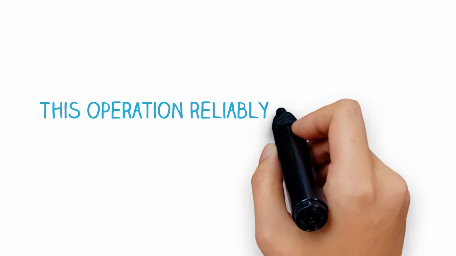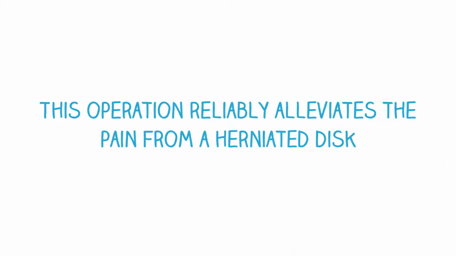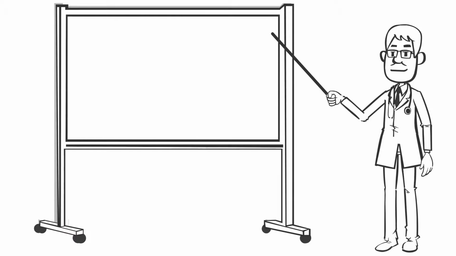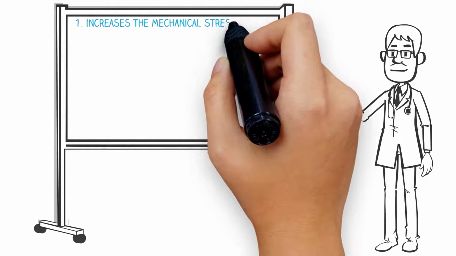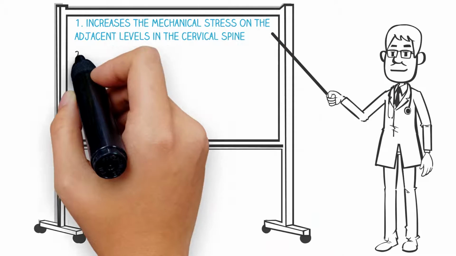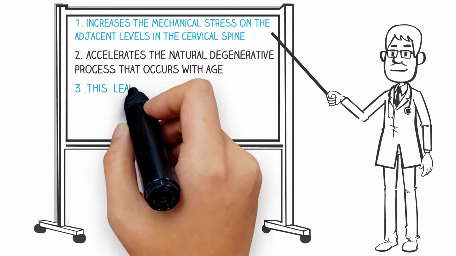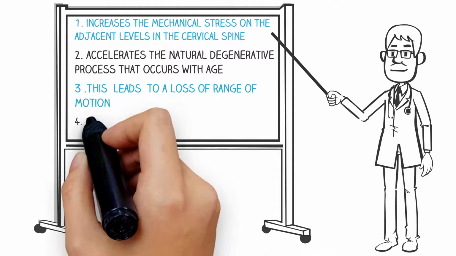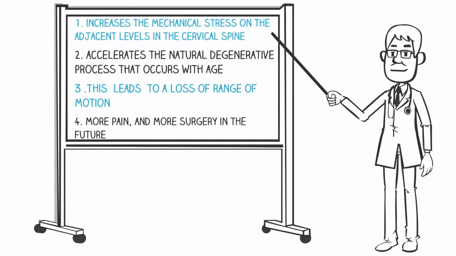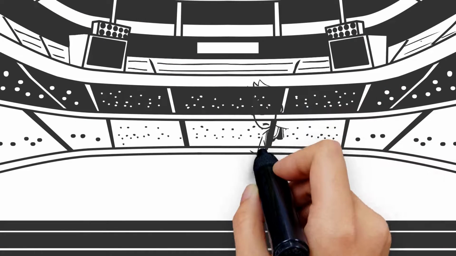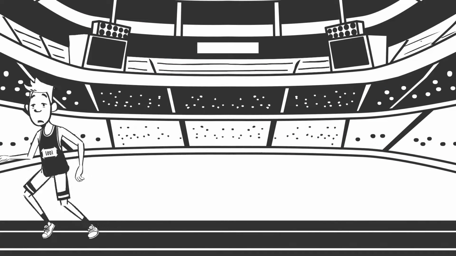This operation reliably alleviates the pain from a herniated disc, but unfortunately, fusing one level in the cervical spine increases the mechanical stress on the adjacent levels in the cervical spine and accelerates the natural degenerative process that occurs with age. This can lead to a loss of range of motion, more pain, and more surgery in the future. The results of cervical fusion surgery can be very good, but many younger patients who are athletically active would really like to avoid a fusion.